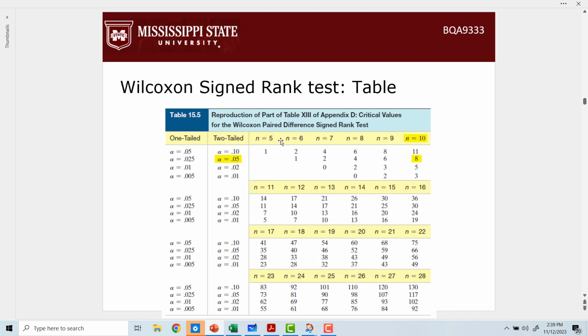We have N5, N6, and we have some values for every value of N. We also have our one-tailed and our two-tailed significance. We just pick this number, T minus or T plus, and then we will do the test.